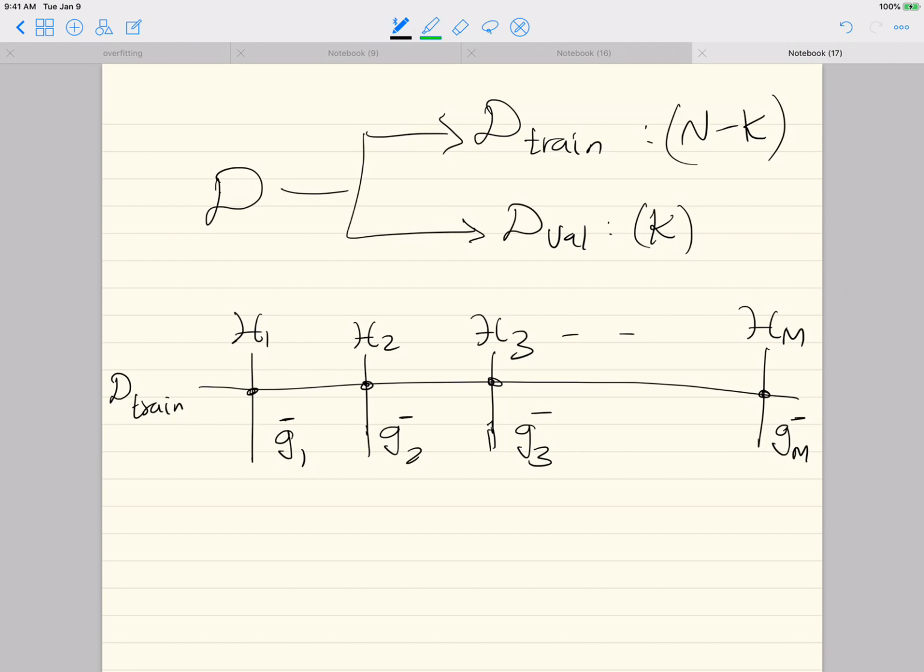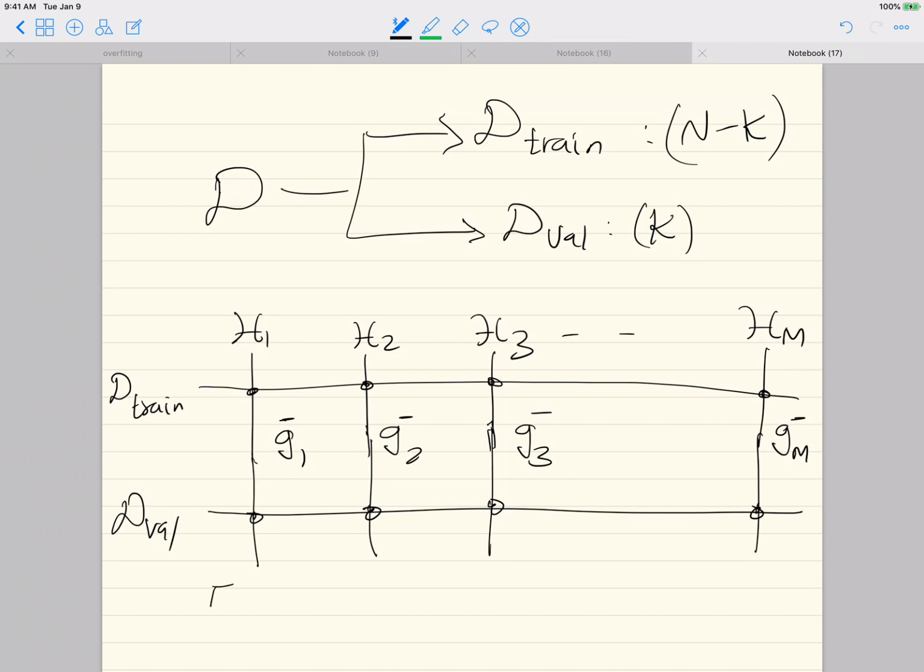So these are the best hypotheses in each of these classes. You may run stochastic gradient descent to minimize the training error, you may add some regularization if you like, it doesn't matter. For each class, we produce the best candidate: the best linear classifier, the second order classifier, and so on. Then you take D val and apply it to each of these candidates.